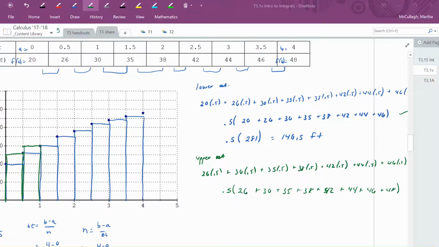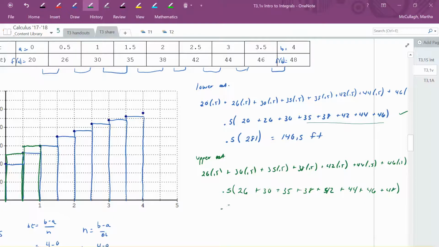So again, if I want to make this easiest, I want to recognize that this list of numbers is very similar to this list of numbers, except this one has a 20 and it doesn't have a 48.